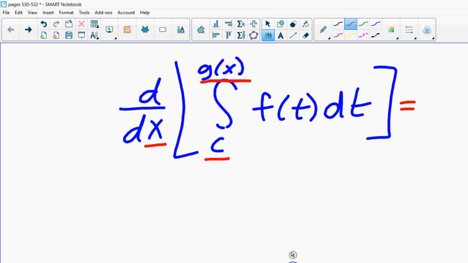So what are you going to get when you do this? You're going to get that function evaluated at that upper limit times the derivative of that upper limit.